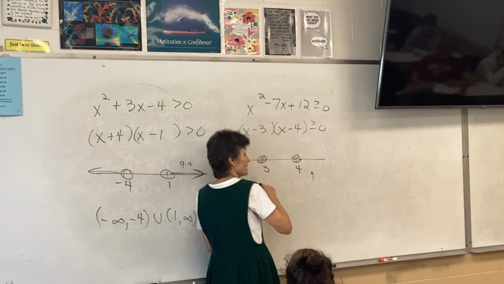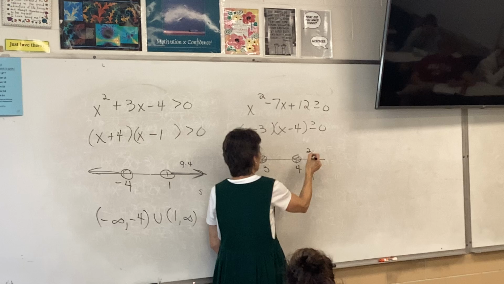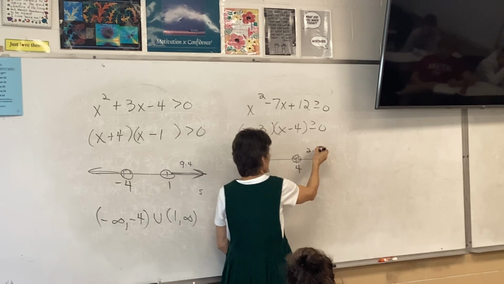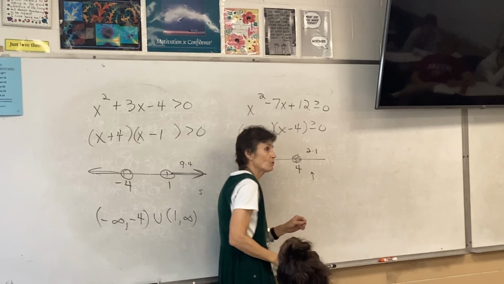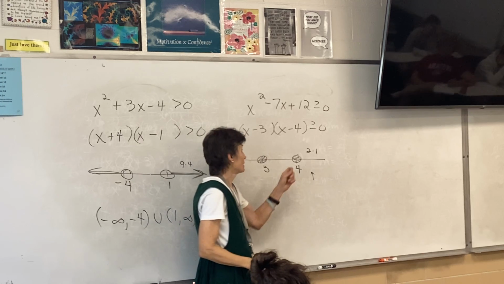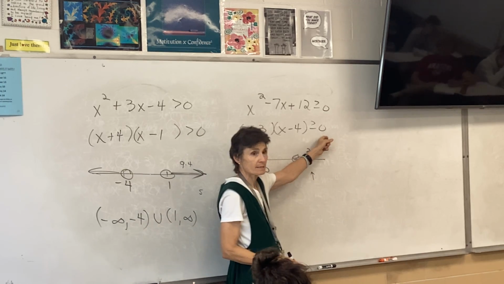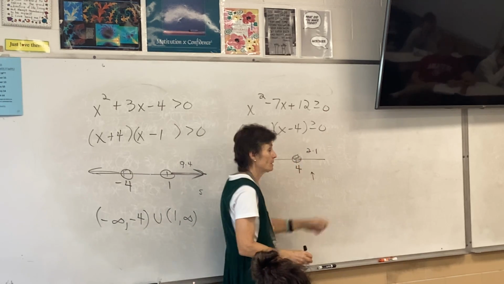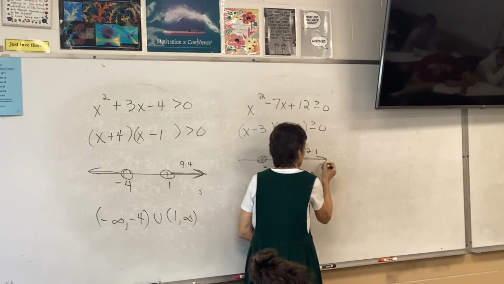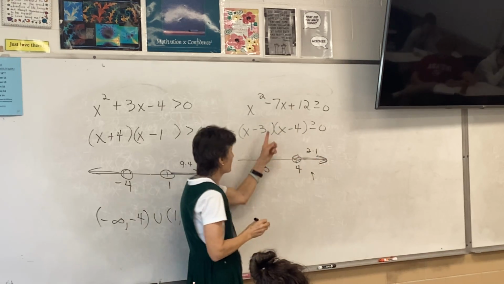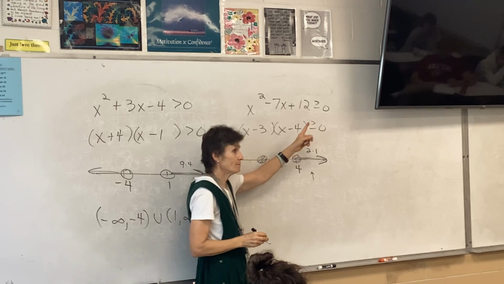5 minus 3 is 2. 5 minus 4 is 1. Remember, you're multiplying. 2 times 1 is greater than 0. So we're gonna shade this. Again, this is a perfectly normal problem.